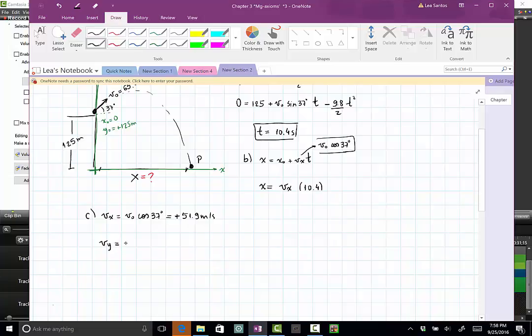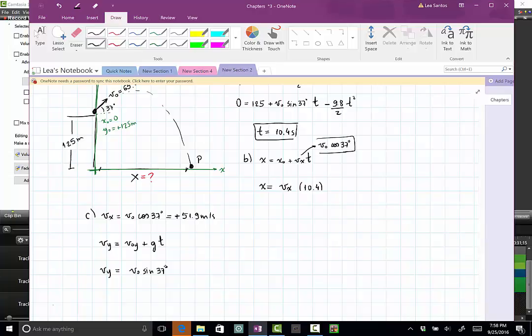So Vy is equal to Vy naught plus gt. This is the equation. How will we find that? Well, Vy naught is the V naught sine of 37 degrees, right? This is positive, the Vy naught is initially pointing up.